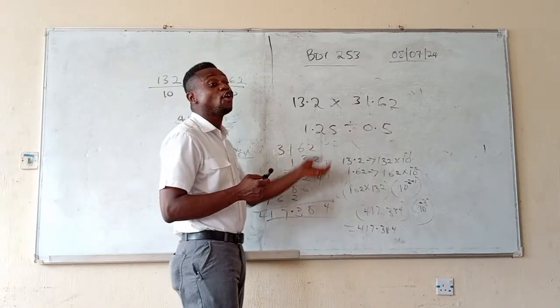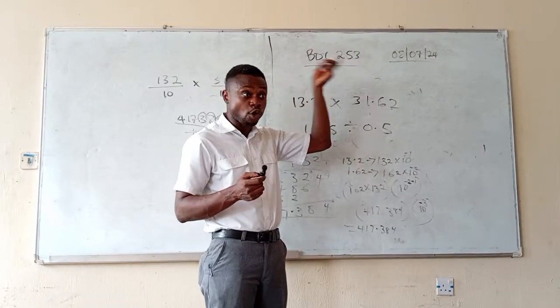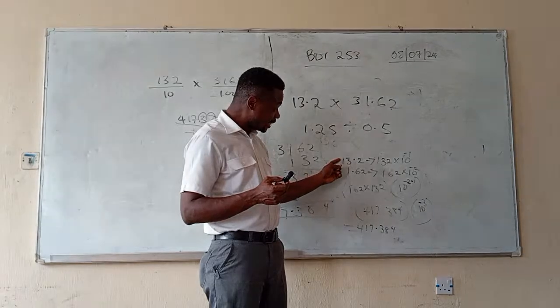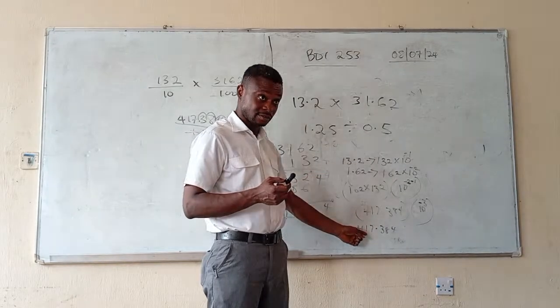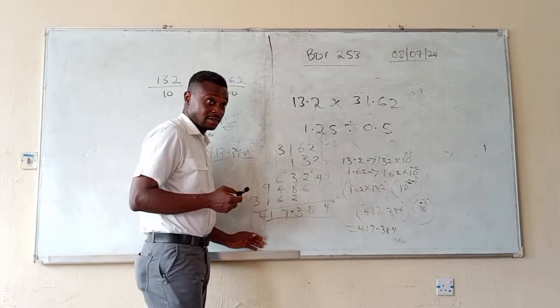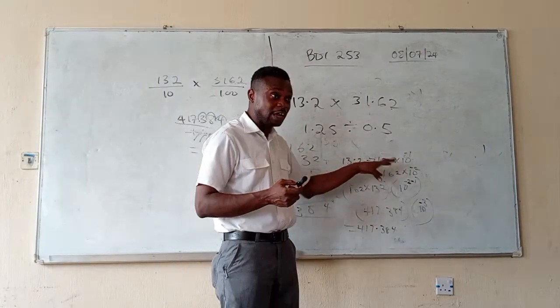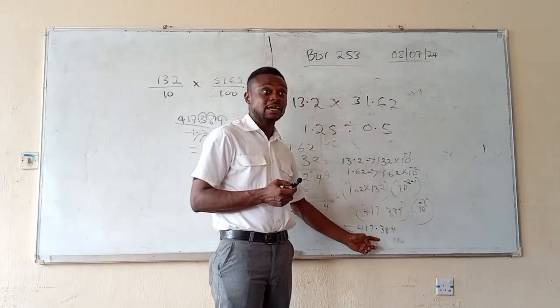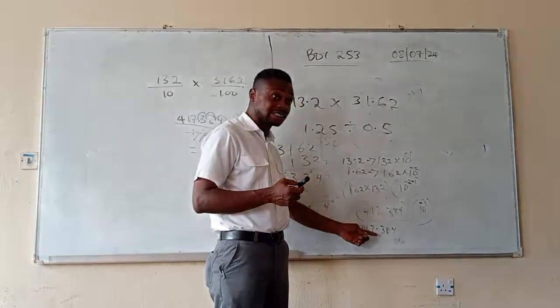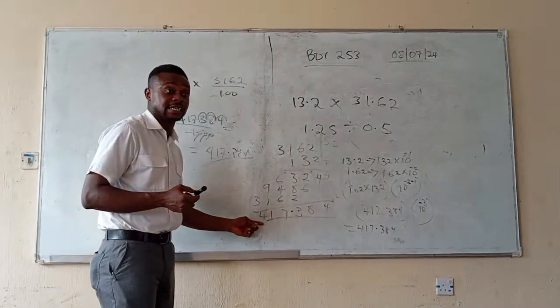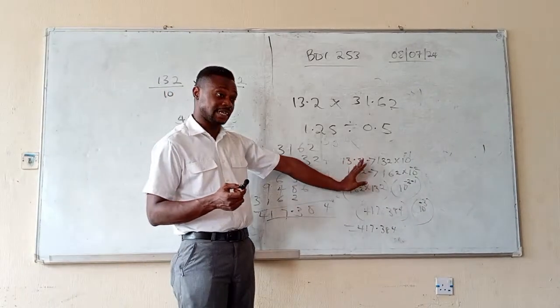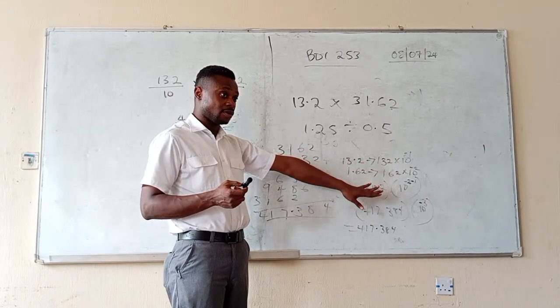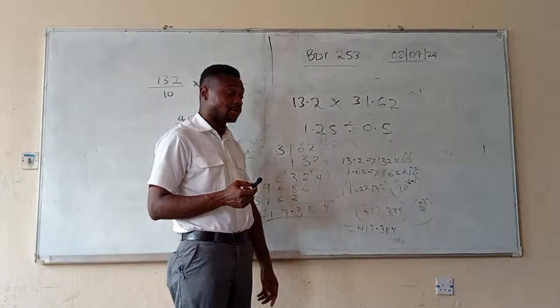Because there's no way in this whole world that what she did here can give you this. She already solved it here, but she tried to explain what happened, then made a mistake in the explanation. She dropped the correct answer, and there's no way this working can give you this. It's just an error, okay, but it's a serious error.